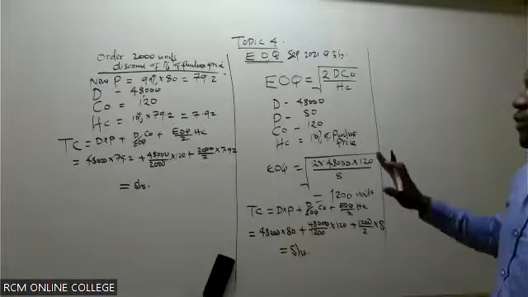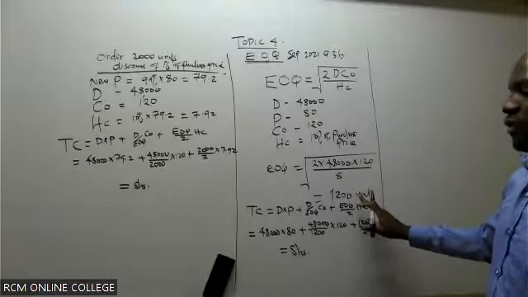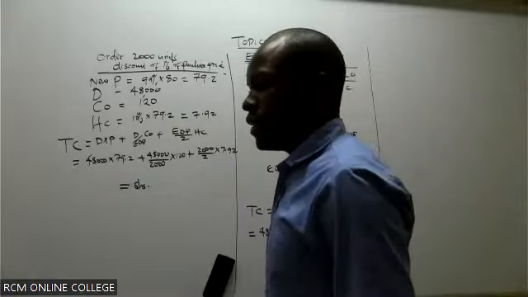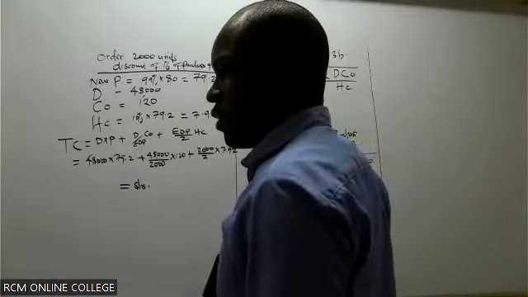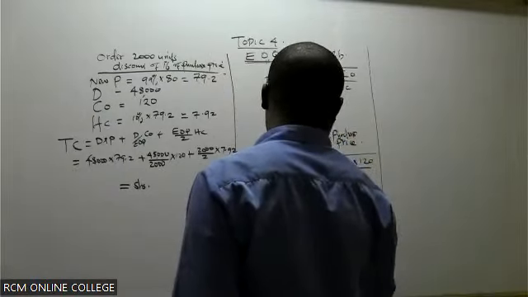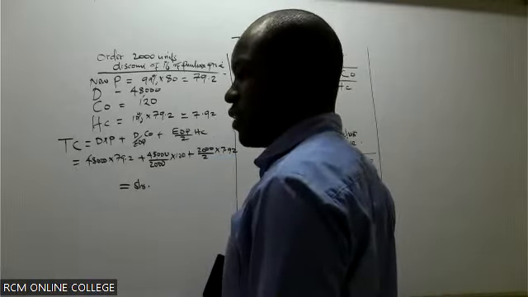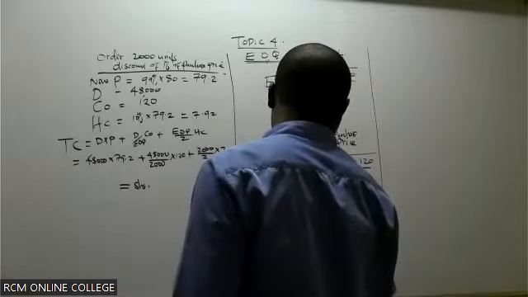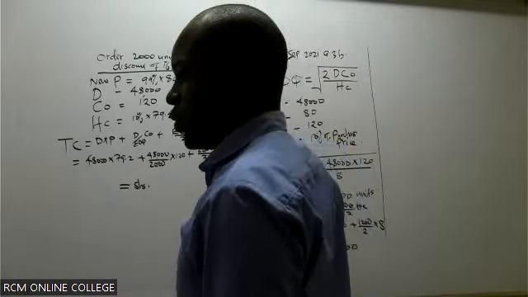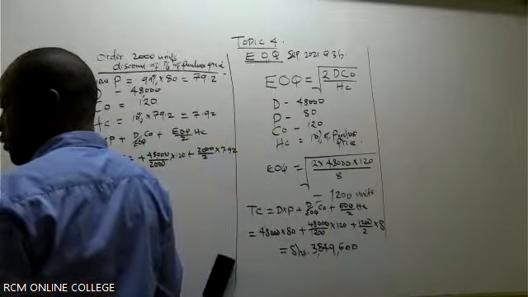So what are you getting for the first one here? Eunice is giving us 3,849,600. Then for the second one, I'm being told we are getting 3,840.